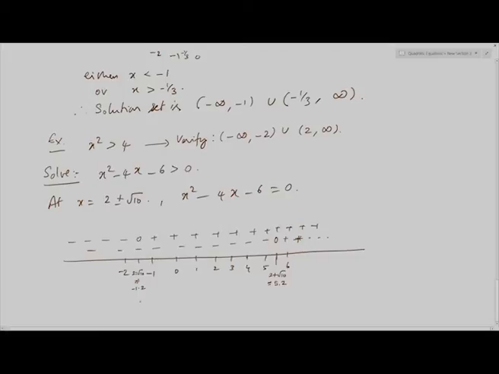So 2 plus root 10 to infinity both are positive, and from minus infinity to 2 minus root 10 both are negative. So in both the cases we have the strict inequality greater than 0. So therefore this will be the solution set.